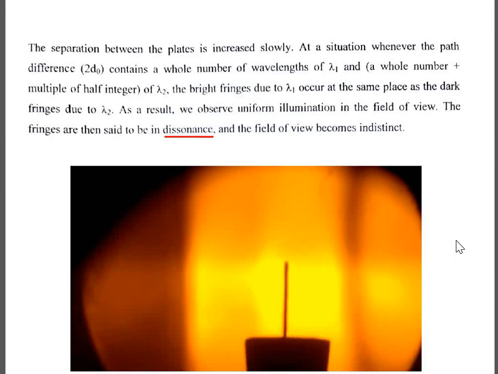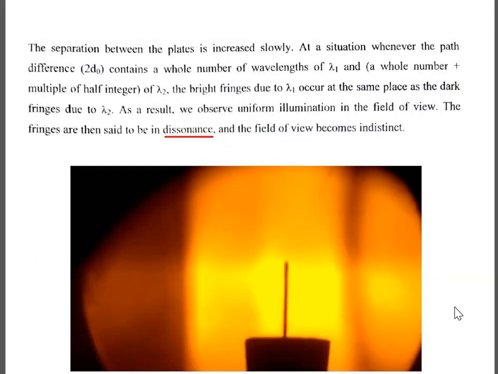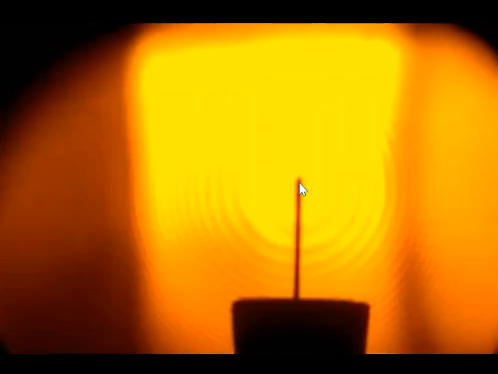Okay, now in the experiment we will be using this dissonance to our advantage because it is quite hard to identify the consonance. Let me show you in the video. See, I am now not slowly changing. I am now changing the plate separation quite fast. So this is uniform illumination, and slowly the consonance condition will come, but it will be very hard to identify.